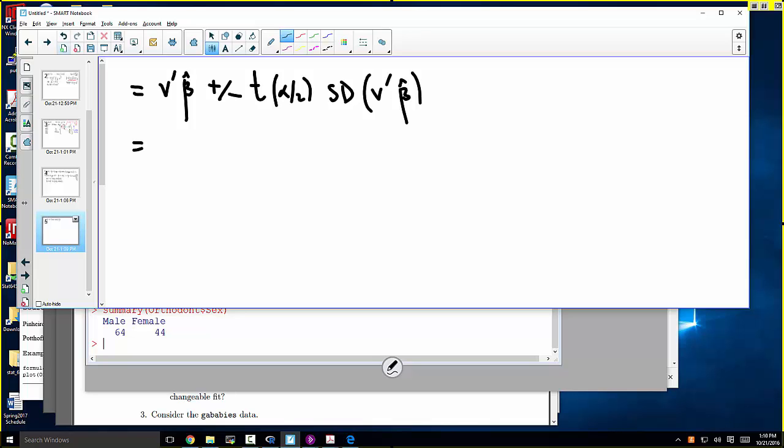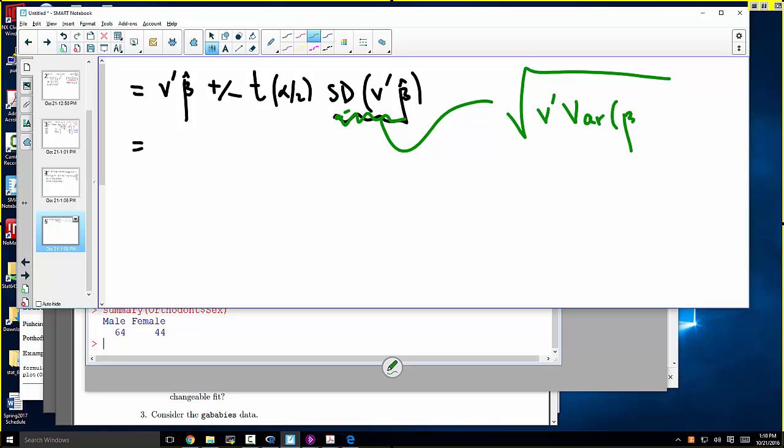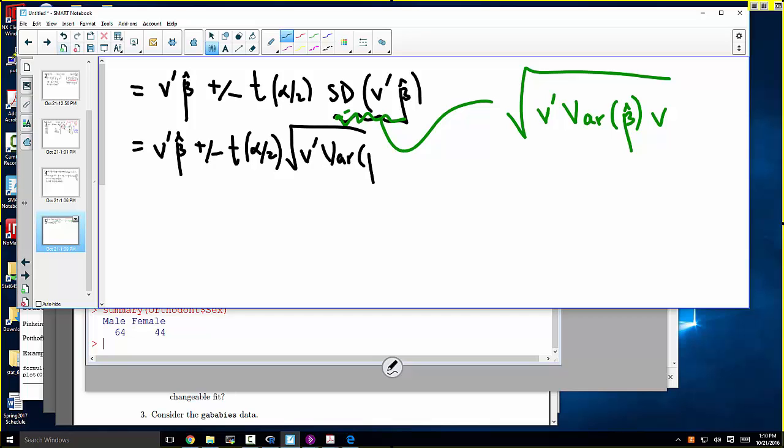This right here would equal the square root of V transpose variance of beta hat V. So my interval, based on these calculations, will be V transpose beta hat plus or minus a T critical value times the square root of V transpose variance beta hat V. You can pull the beta hats straight out of the summary of the GLS fit.